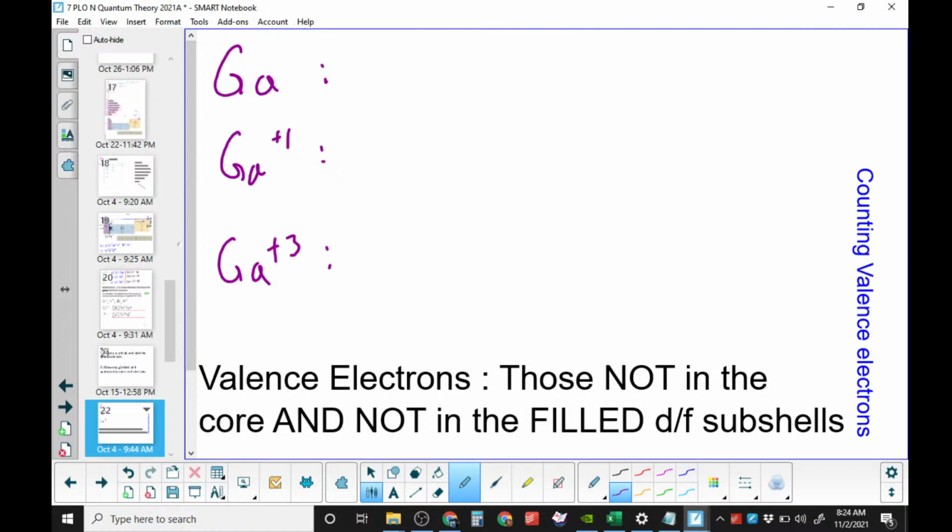Okay. Using core notation. No, just give me the electronic structure.